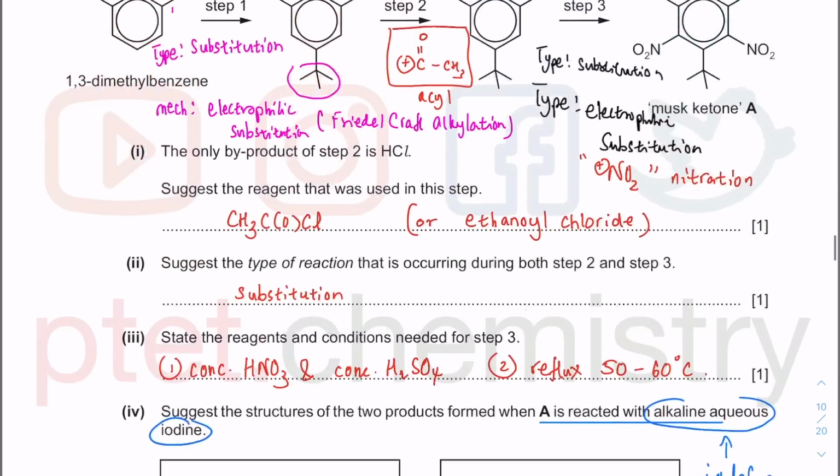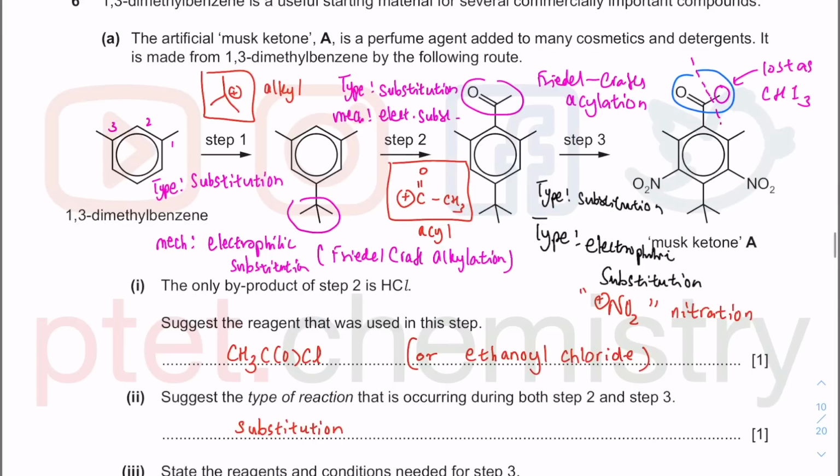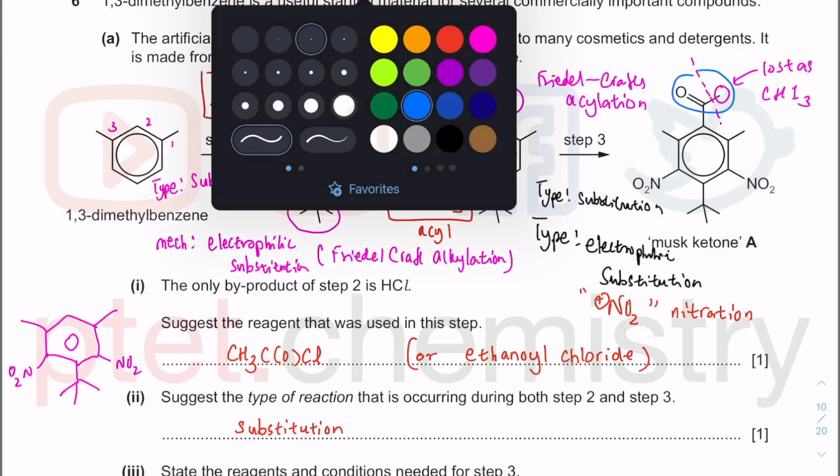However, you are in basic condition because it has to be done in alkaline aqueous iodine. What you will get will be the carboxylate salt. So let me try and draw the product on the left hand side. Nothing wrong with the nitro group, so it will not react. Nothing wrong with the alkyl groups, they will not react. So what will react is this thing here.